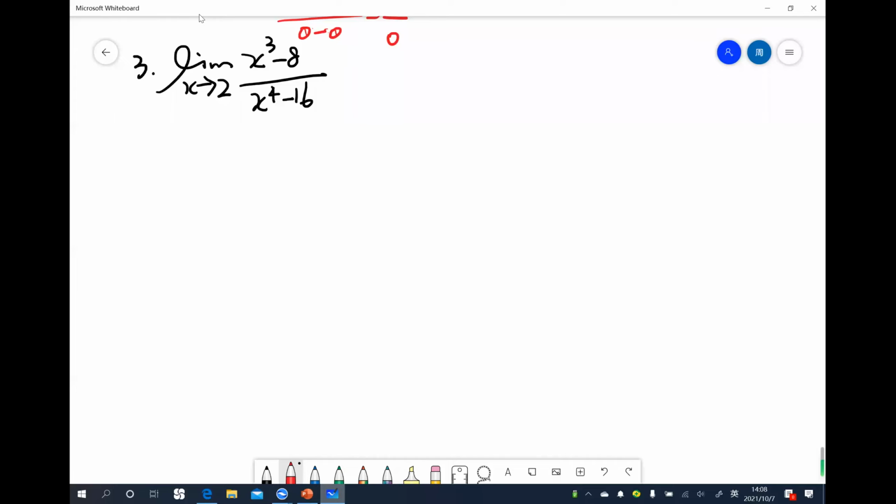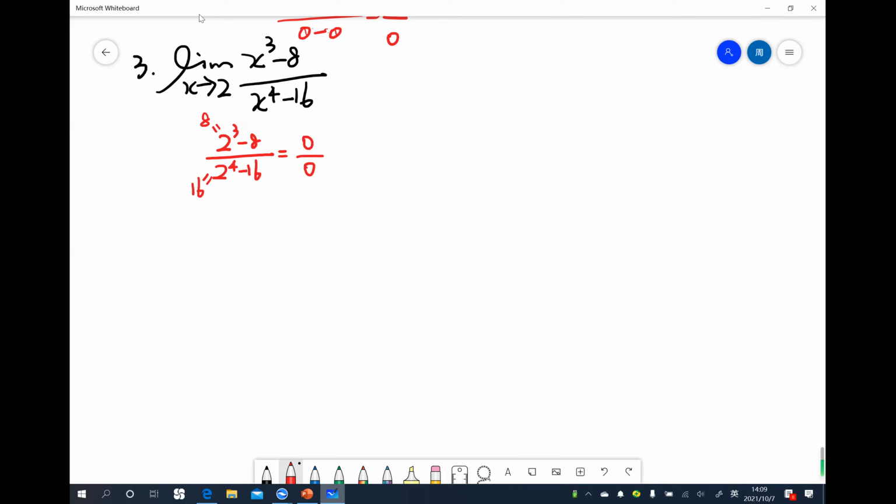You will find that it is (2 to the power 3 minus 8) over (2 to the power 4 minus 16). And 2 to the power 3 equals 8, right? And 2 to the power 4 equals 16. So that is also 0 over 0. If you see the 0 over 0 type in calculating a limit, that means you can find a common factor up and down.